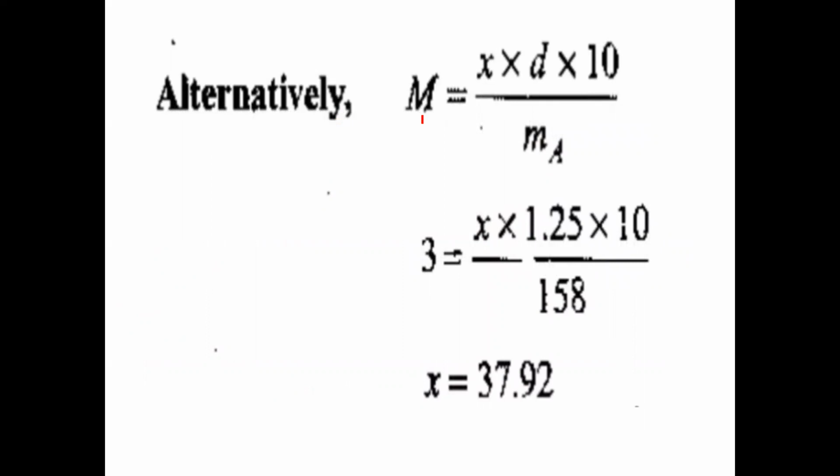That is the W by W percent. The alternative formula is: molarity is equal to W by W percentage into density into 10 by gram molecular weight of the solute. Is that clear?